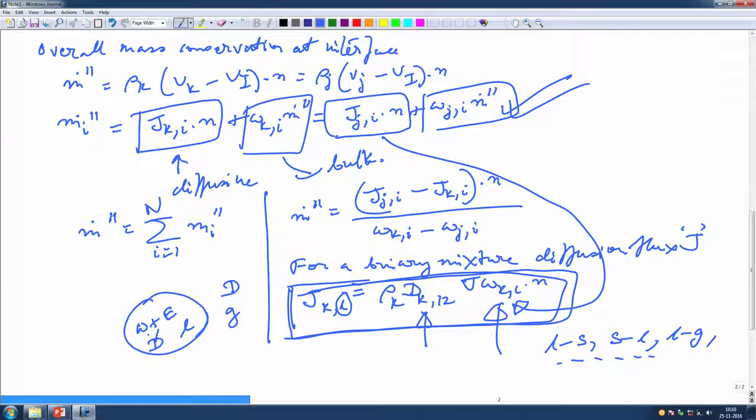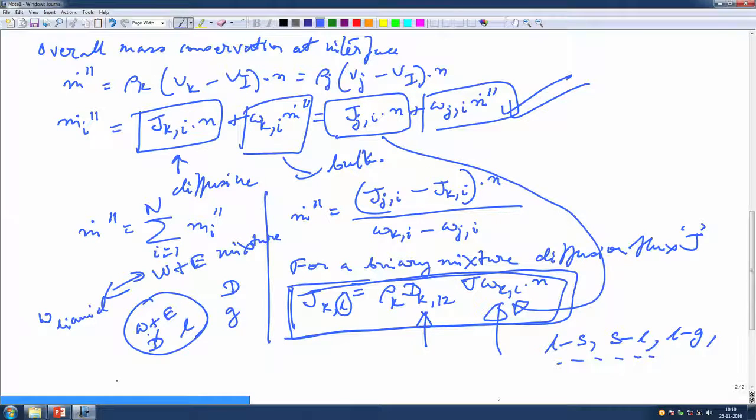So, liquid water is diffusing in a water plus ethanol mixture. So, it has got a certain value of diffusivity.